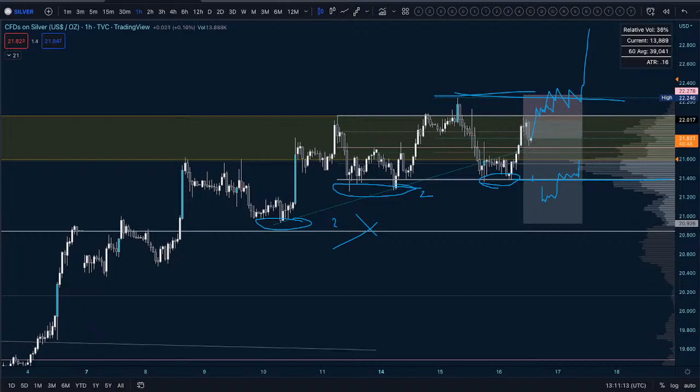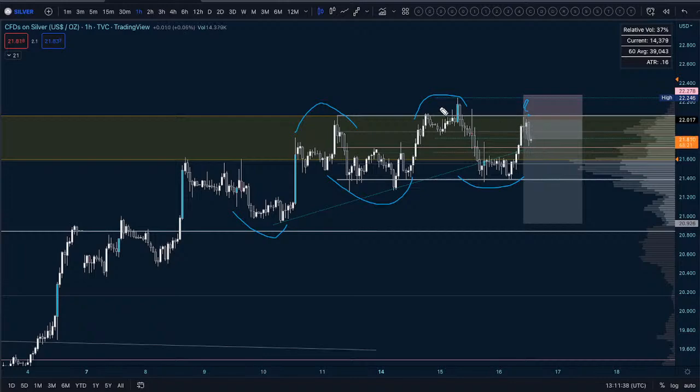The only problem here is you can say, yeah, these are the targets. I'm also considering the reasons why I could be wrong. Structure-wise, it's still an uptrending structure. This is the question mark. Is this move done or not?